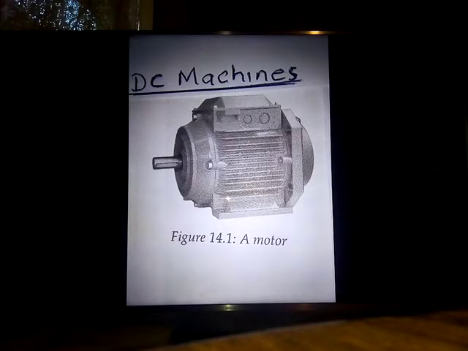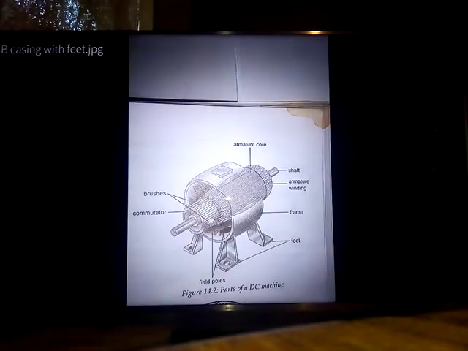We use them for lathes, for pumps, for compressors, for drilling machines, for milling machines, for cranes, and for winches.